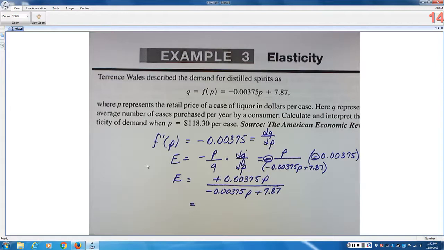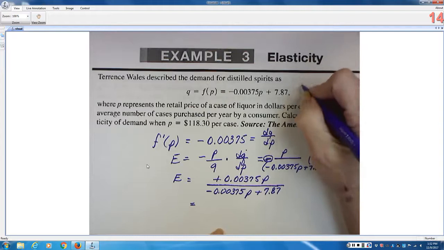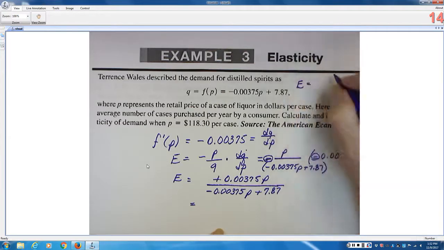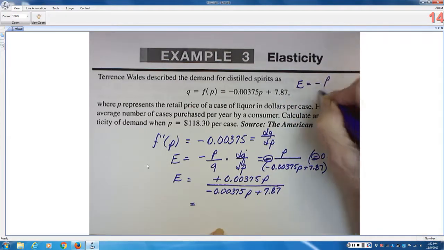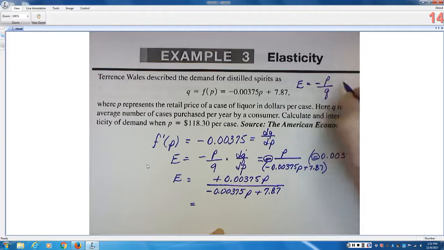And the reason for that is that the whole quantity, let me put the formula back up here for E again. This turned out to be a negative quantity.